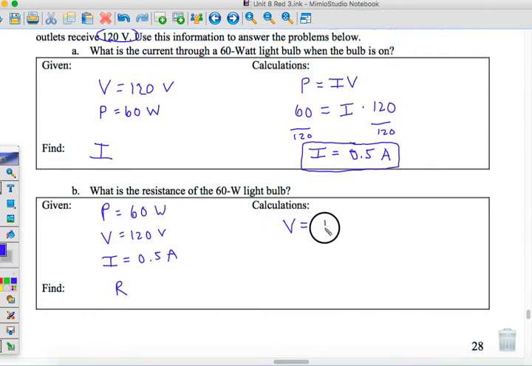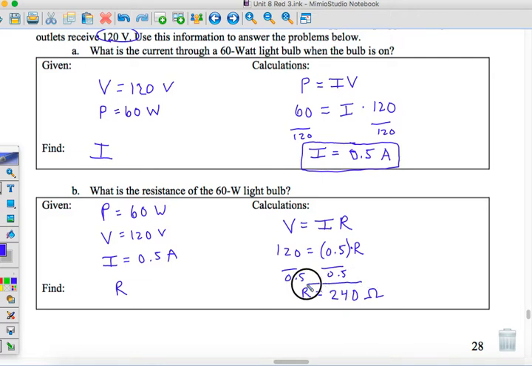And we come up with Ohm's law. Notice P is not in there. We don't need it for this part of the problem. So the voltage is 120, the current is 0.5, and then we're trying to find the resistance. So we divide by 0.5, divide by 0.5, and we end up with the resistance of 240 ohms.